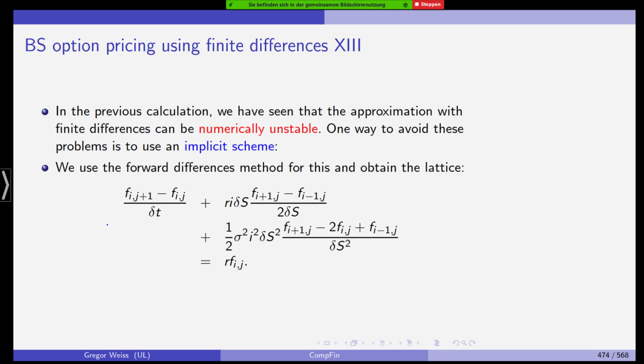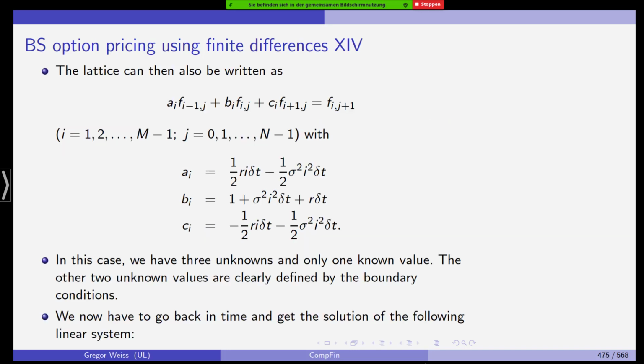Again, you can see this is the derivative of f with respect to t, and this is with respect to s, and so on. This is r times f, and the lattice is then written by ai times plus bi plus ci and so on. And in this case, we have 3 unknowns and only 1 known variable. And the other 2 unknown values are clearly defined by the boundary conditions.